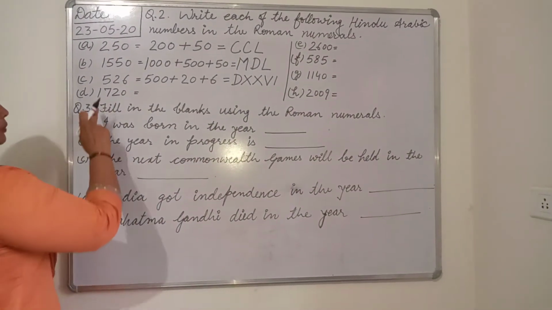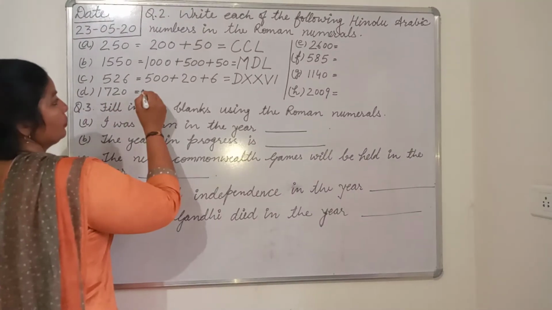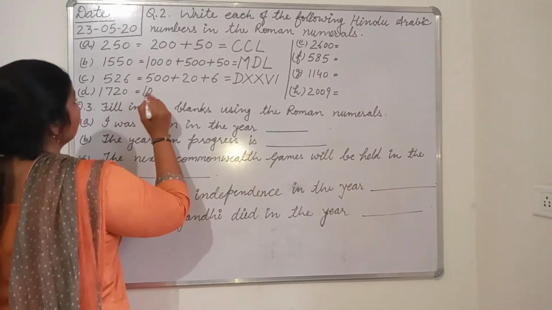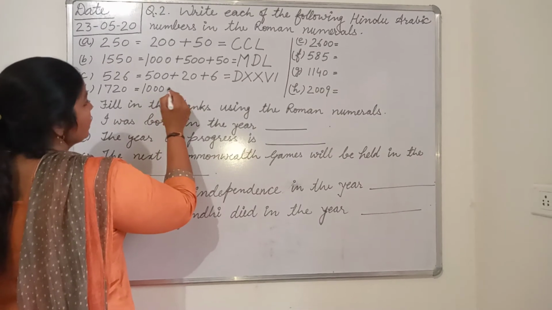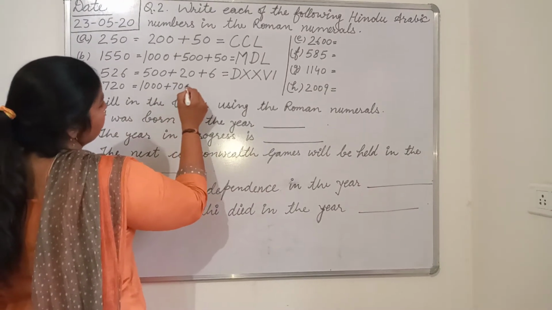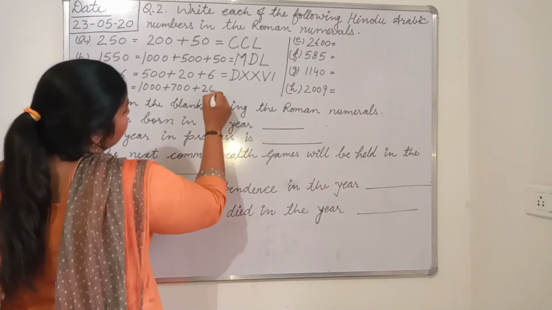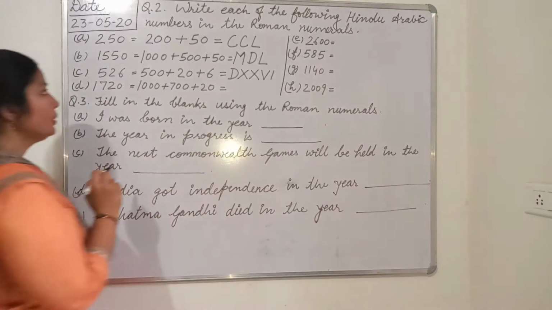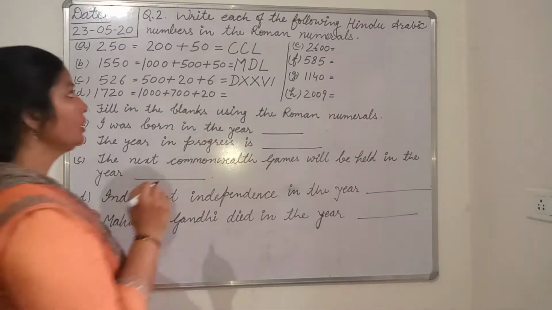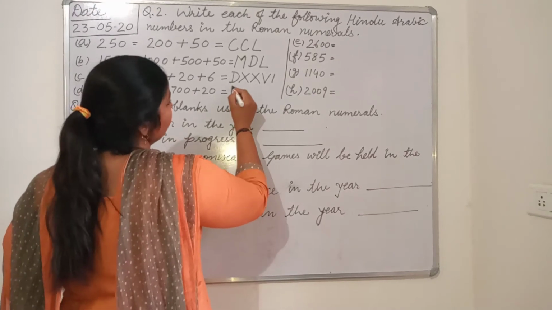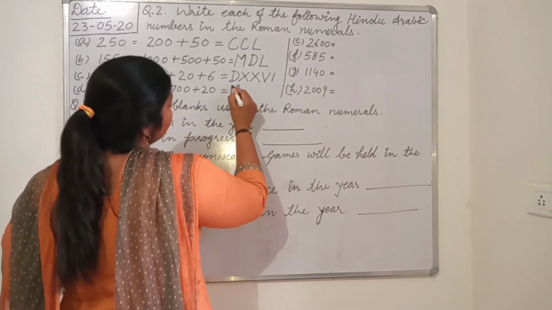Now D part, 1720. So we make its expanded form: 1000 plus 700 plus 20. Now write it. What we use for 1000? M. And how we write 700?